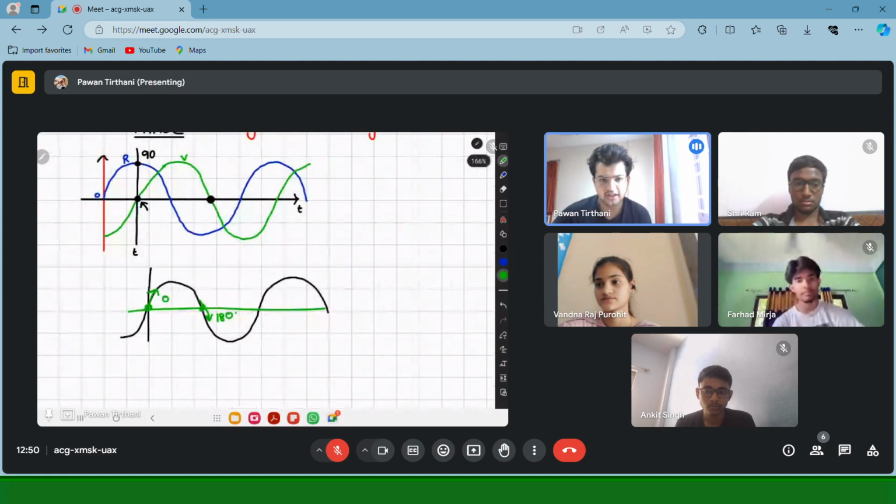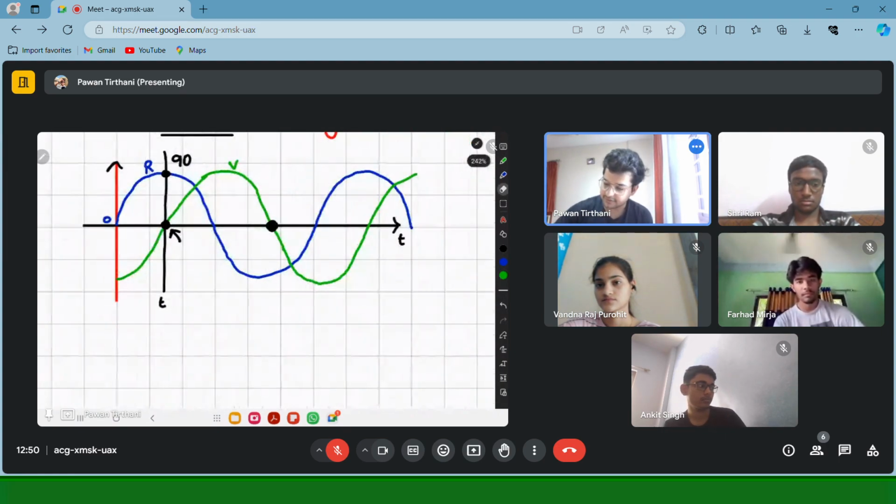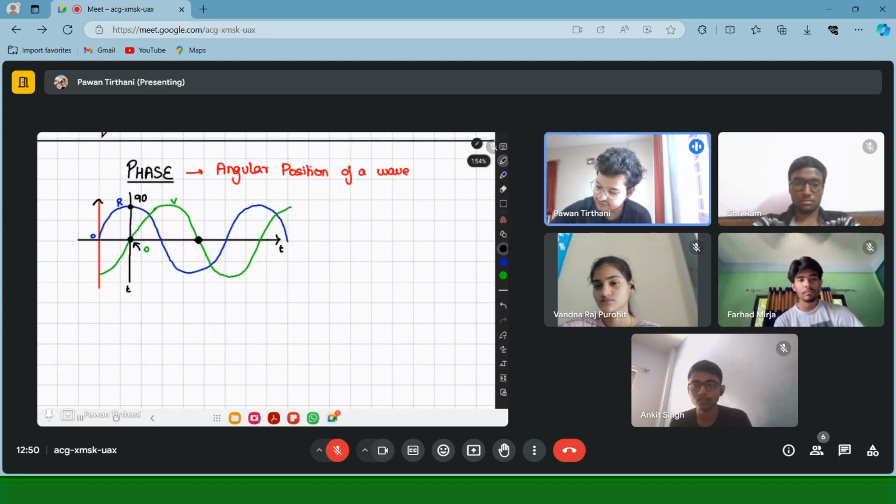Okay, everyone okay? So I have to basically understand what is the phase difference between them. The variable wave is at 0 degree phase, the reference wave is at 90 degree phase. Is the phase different? Yes, it is different. So I should be able to calculate the phase difference.